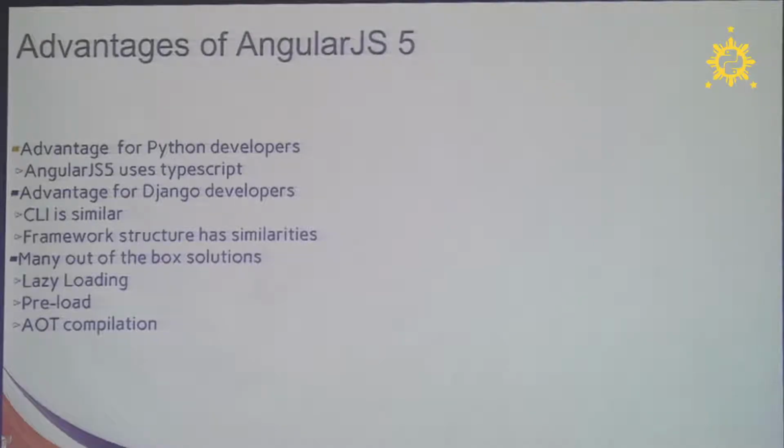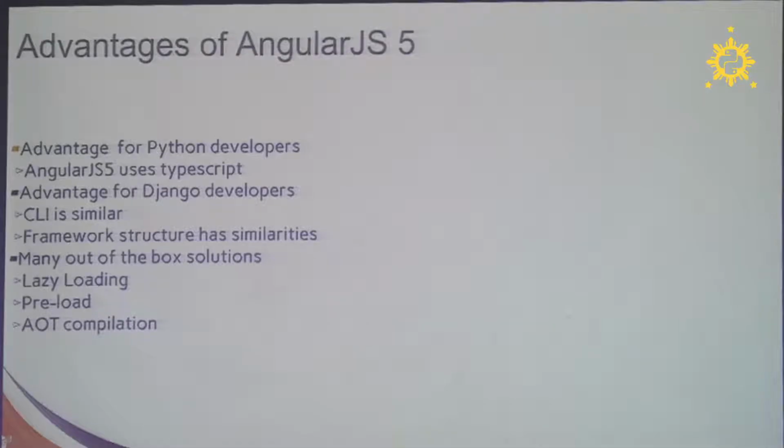With that, there's a bit of familiarity if you came from a Python background and are trying to code with AngularJS 5. Besides that, how it is rendered to the browser: TypeScript is compiled to JavaScript to be rendered in the browser.